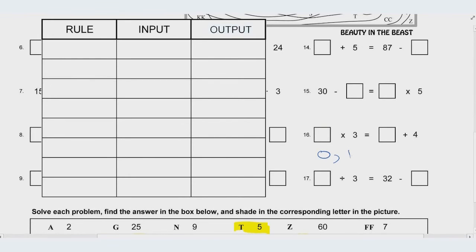Well, let's start with 0, 1, 2, 3, and 4. Let's just get started there. We know it can't be 0 because 0 times 3 is 0, and 0 plus 4 is 4. That's still actually really close. So let's just try 1 really quick. If we put 1 right here and 1 right here, and we're going to times by 3, and we're going to plus 4, 3 times 1 is 3, and 1 plus 4 is 5.